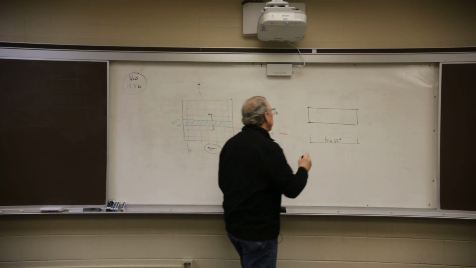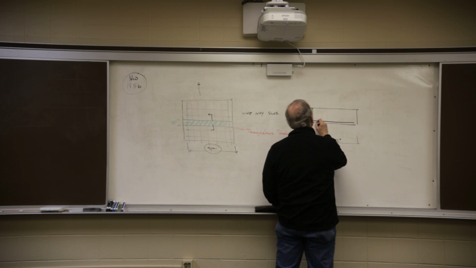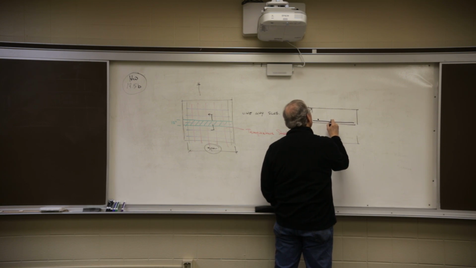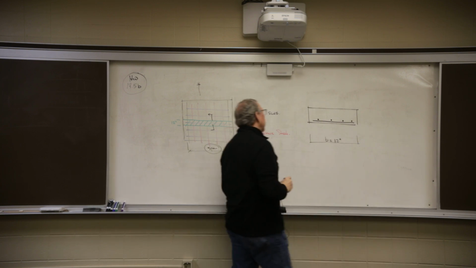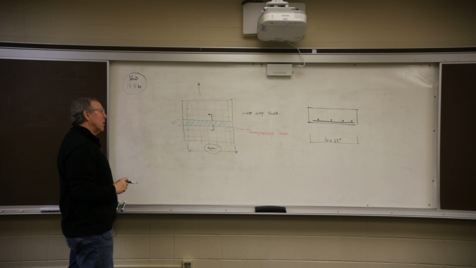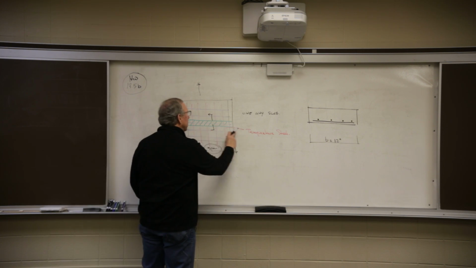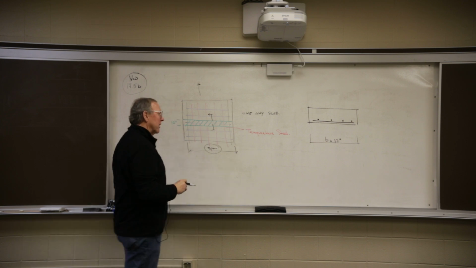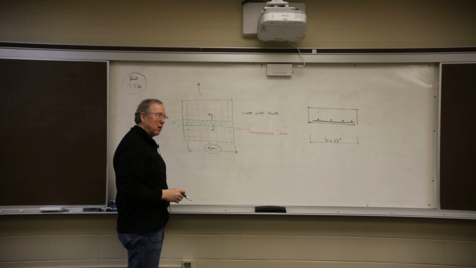Okay, then you'll see reinforcing steel going this way, and you'll see reinforcing steel going this way. If you look at that steel, I hope you can see that the steel in the blue is our main steel. The steel in the red is our temperature steel.